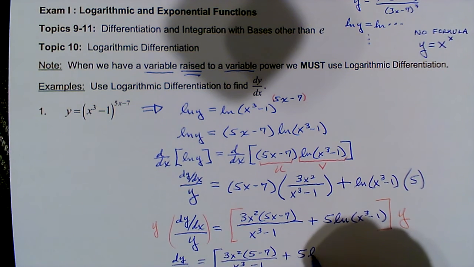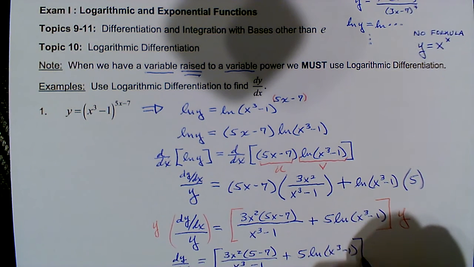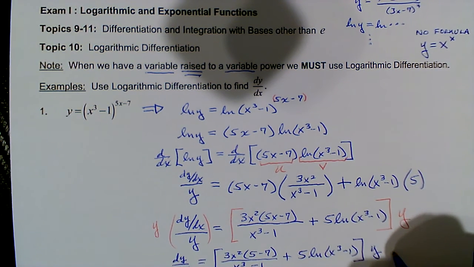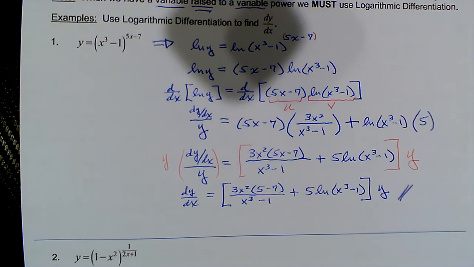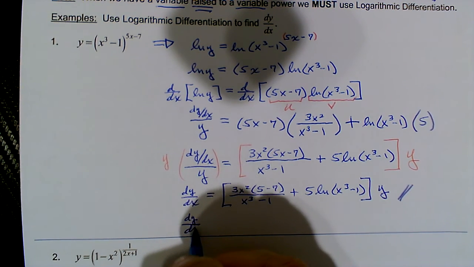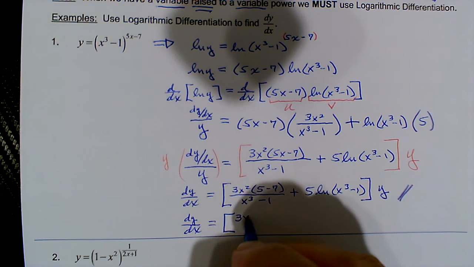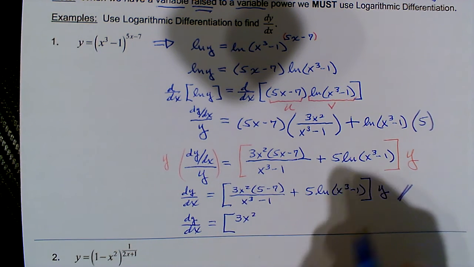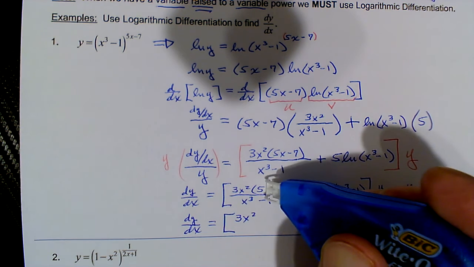And make sure that you indicate that the entire thing is being multiplied by y. And for me, you could stop right there, but in a textbook, more than likely, they're going to take one extra step. Hopefully they won't do the tedious, oh, I forgot an x up here, my 5x minus 7.